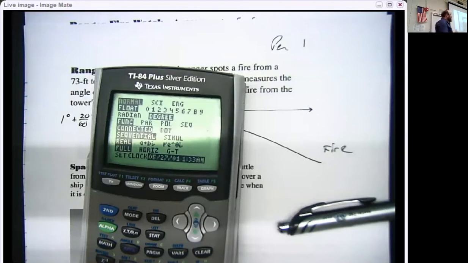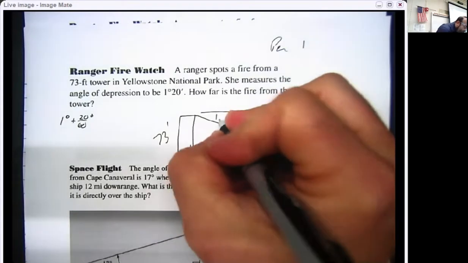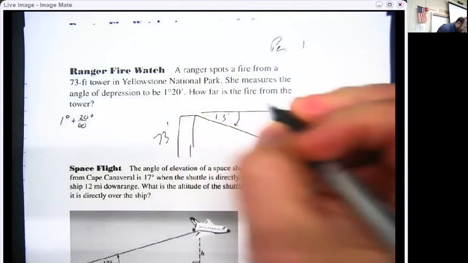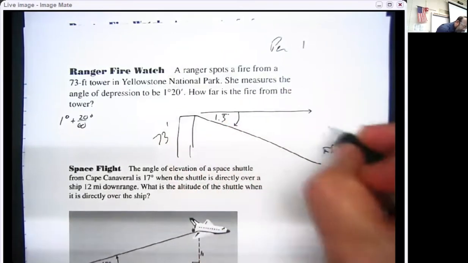How much of this next test is going to be in degrees is very, very little. It will predominantly be in radians. You have to remember to switch back and forth. That kind of frustrates people. So we have this 1.3, actually, excuse me, 1.3 with a line over it, degrees.